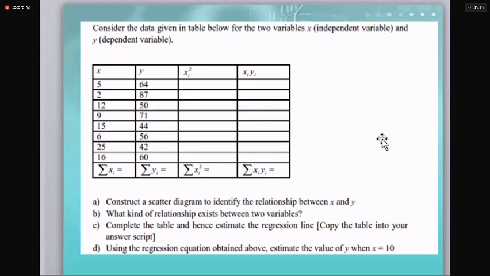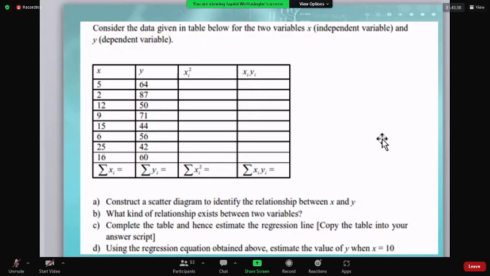Therefore, it is an estimation. There is always deviation between the actual point and the estimated point. So we calculated the equation in the form of y = mx + c. For m and c, we use b1 and b0. Then using the equation, we can find values other than the given values.